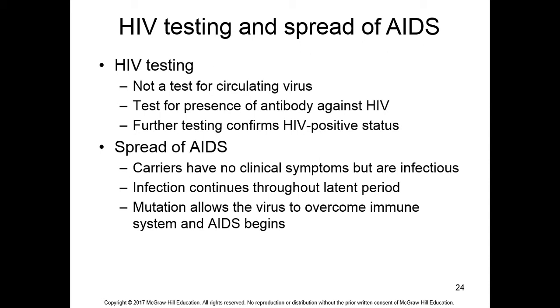Once this attachment happens, the human body gradually starts to recognize the presence of these HIV viruses in the overall circulation, and some of our immune cells also start to produce antibodies against these viruses. So there are two things.